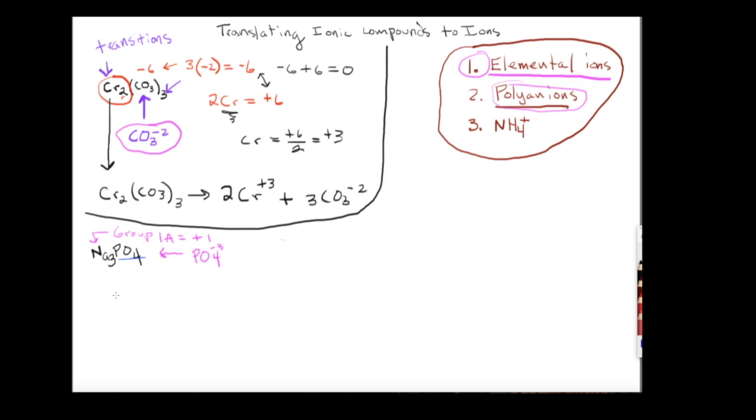So we're going to have 3 Na plus, and that is equal to a grand total for the polyanion of -3. Now when we divide both sides out, you can see that the sodium is going to be +1.